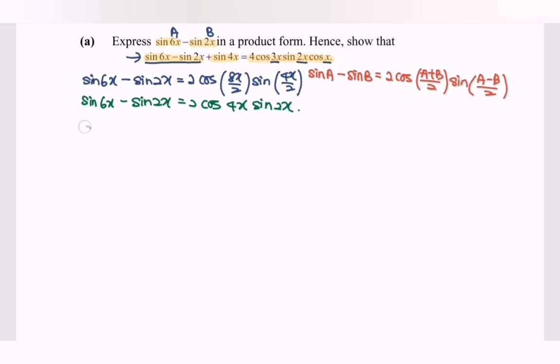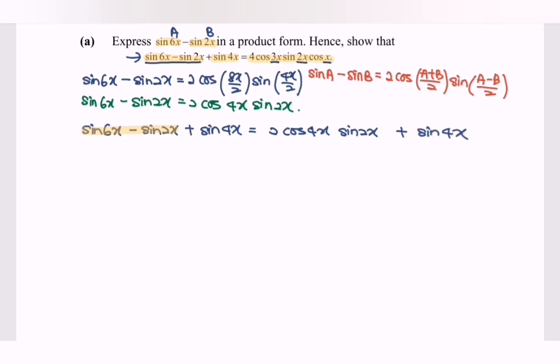So here we have sine 6x minus sine 2x plus sine 4x, which will be equals to, make use of the identity, and we will have 2 cos 4x sine 2x plus sine 4x.